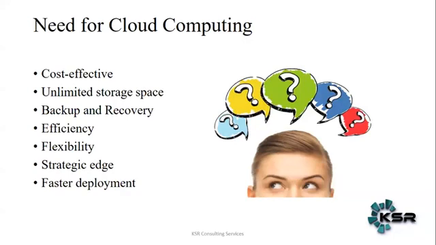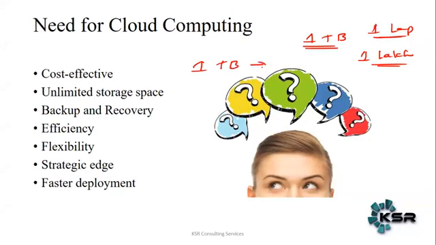A simple example I'll tell you about the cloud. Just listen to this. If you understand this, cloud is very easy. My laptop capacity is 1 terabyte. My laptop price is 1 lakh. Today, KSR data, we have around 1 terabyte.